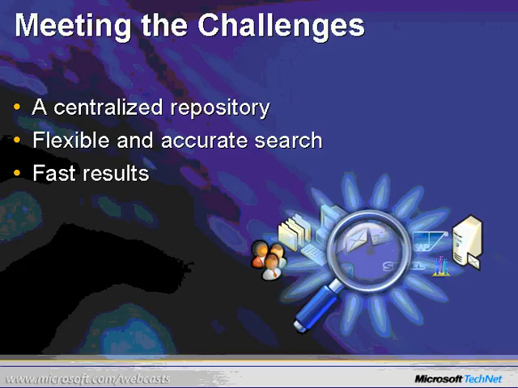And the results should be fast. I will tell you the results here are pretty fast. We even have what's called real-time propagation. I forgot the official name of the feature. Think about this: if you've indexed before in SharePoint, you had to wait for that index to be built, and you couldn't search it.